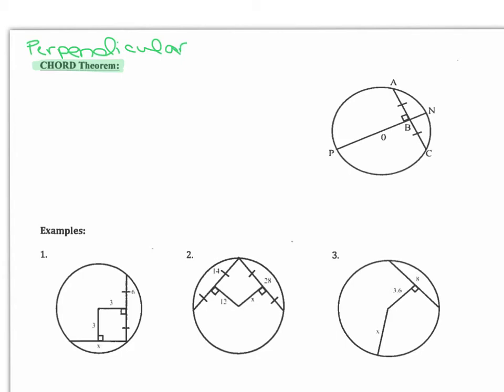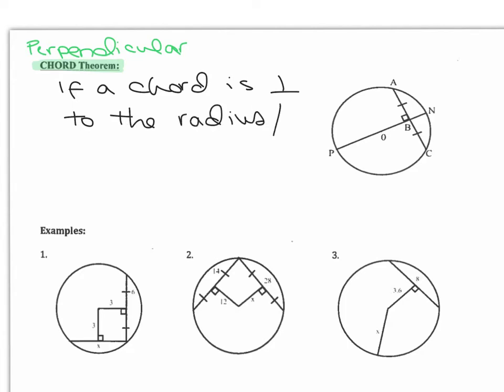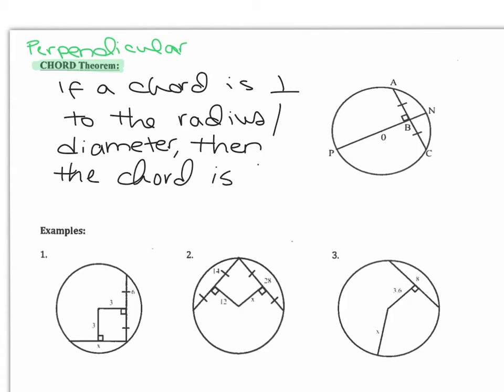What this theorem tells me is if a chord is perpendicular to the radius or diameter, then the chord is bisected.